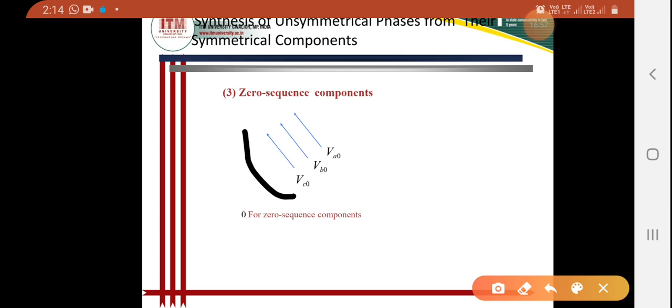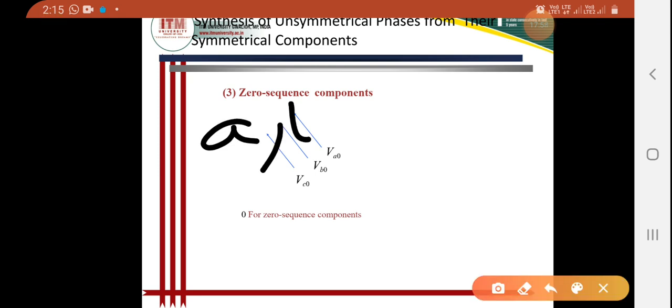The magnitudes of these zero sequence components are the same, but they have zero displacement from each other because they are parallelly aligned. So here the phase displacement would be zero.